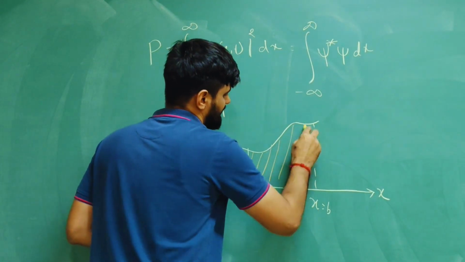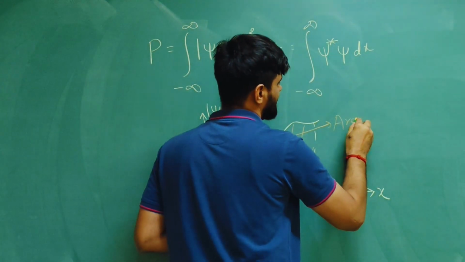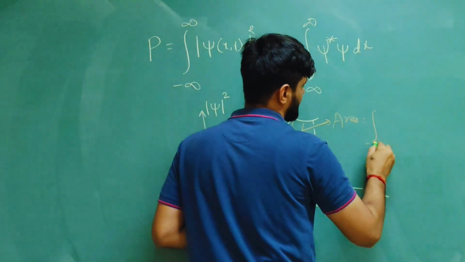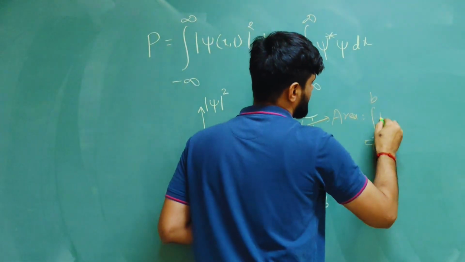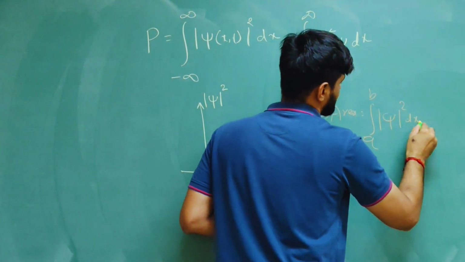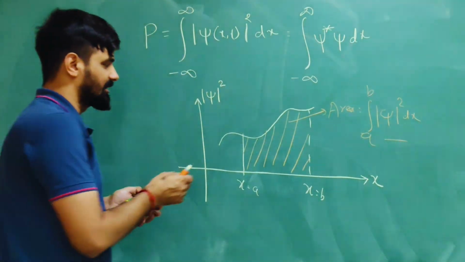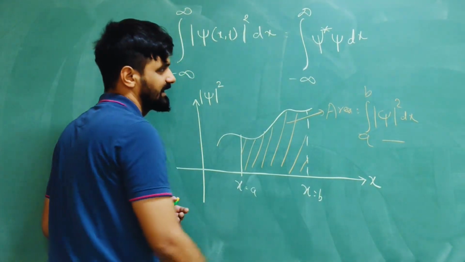This area will give you the integral from a to b of mod of psi square dx, right? And this area tells you the probability of finding the particle between the region a and b.